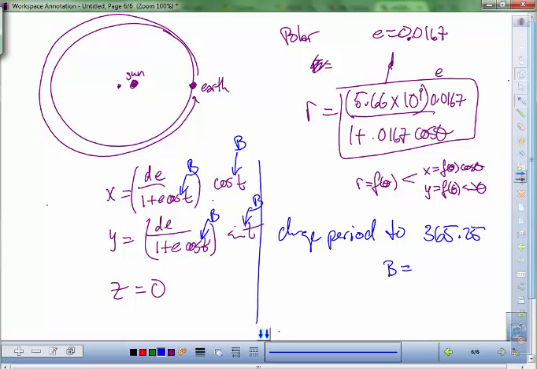So remember back in trig, that the period for a trig function is equal to 2 pi over b, or is it b over 2 pi? Are you sure? Are you sure?